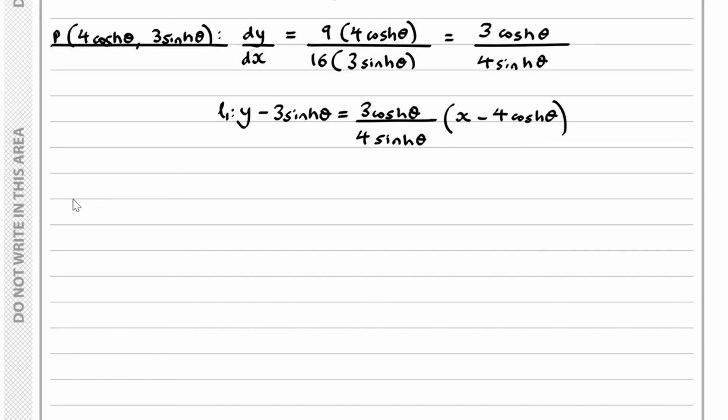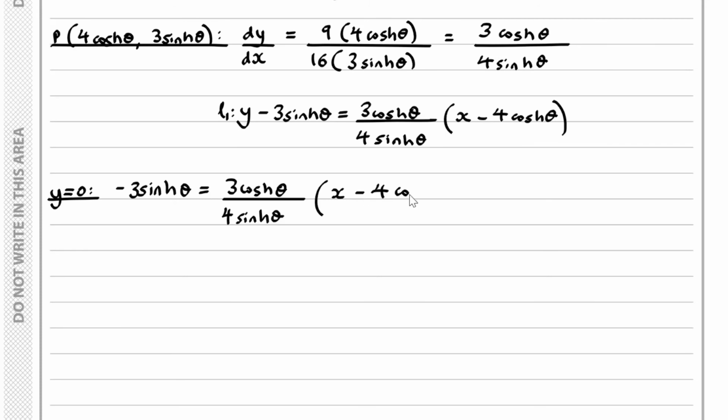So when y is equal to 0, we have 0 minus 3 sin theta equals 3 cos theta over 4 sin theta lots of (x minus 4 cos theta).